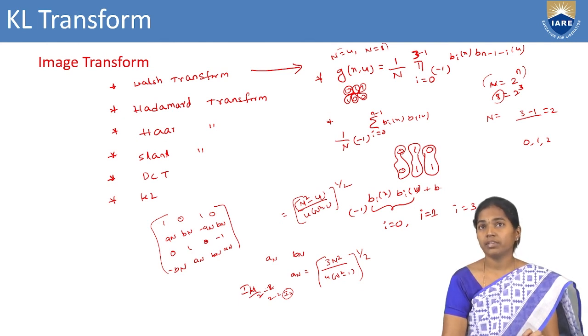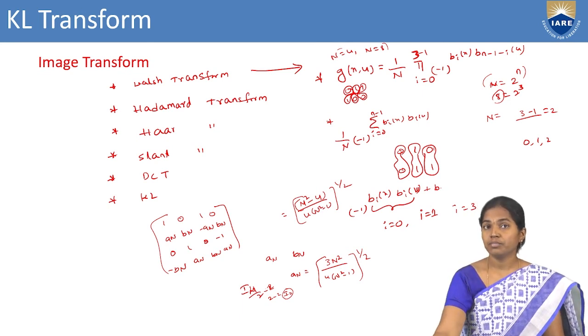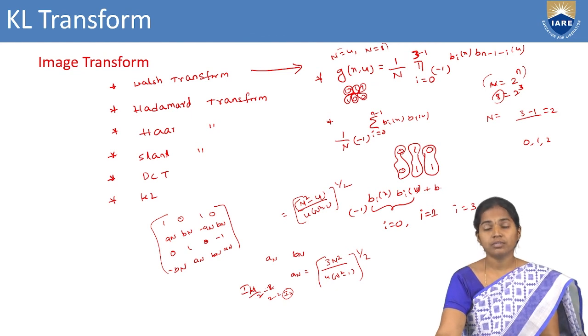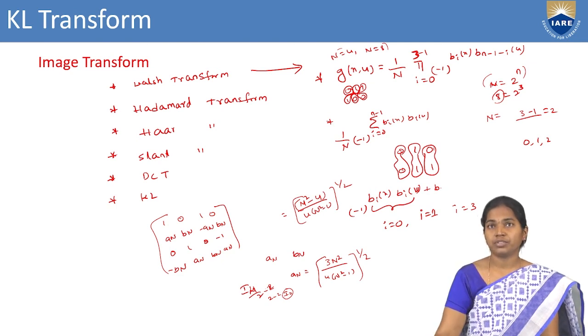Afterwards, we have the transformations: Walsh transform, Hadamard transform, Haar, slant, the discrete cosine transform, and KL transforms. So we have to remember properties and transforms. In the transforms, know how to write the 1D kernel equation and 2D kernel equation depending on our question. Consider one kernel, substitute the I values or n values in that kernel equation and find the computation values.